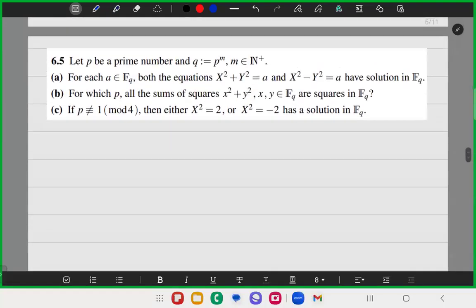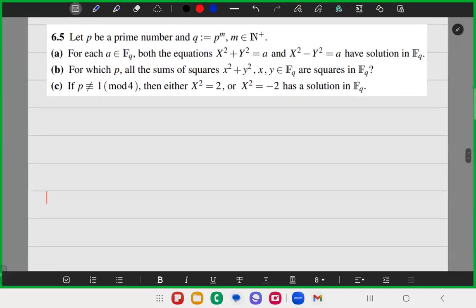So how will we do this? p is a prime number, q is some p power m, and m is a positive integer. a is an element of F_q, the field of order q.